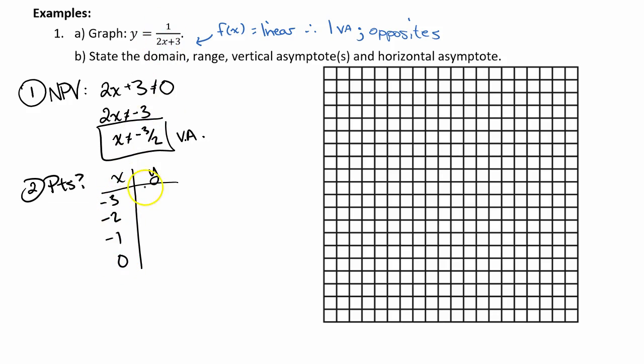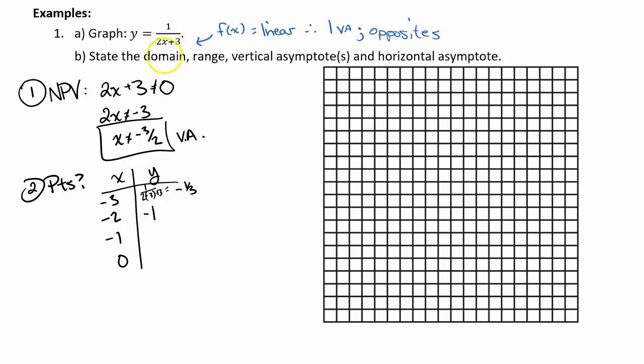So we're going to go 1 over 2 times negative 3 plus 3 equals. So that's negative 6 plus 3 is negative 3, so negative 1/3. Here I'm going to get 2 times negative 2 is negative 4 plus 3 is negative 1, so 1 over negative 1 is negative 1.